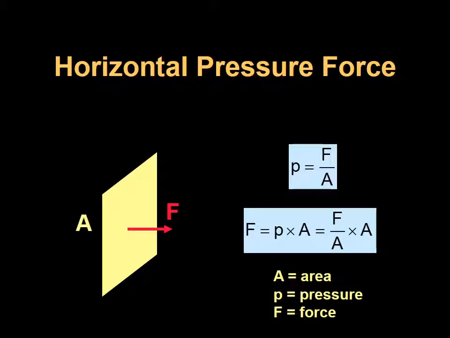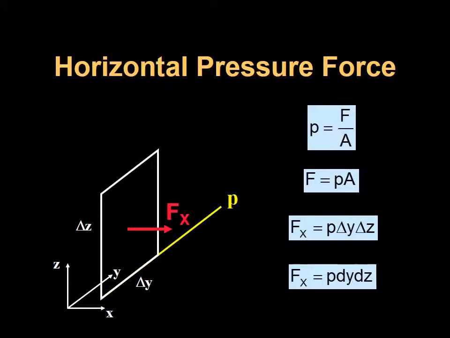So what we need to do now is figure out the force. To figure out the force that's caused by pressure, you know that pressure is a force per unit area. So if you multiply pressure times area, you'll get a force. The area that we're looking at is a hypothetical area. It's a cross-section of the atmosphere, and we're going to define that as delta y, delta z.